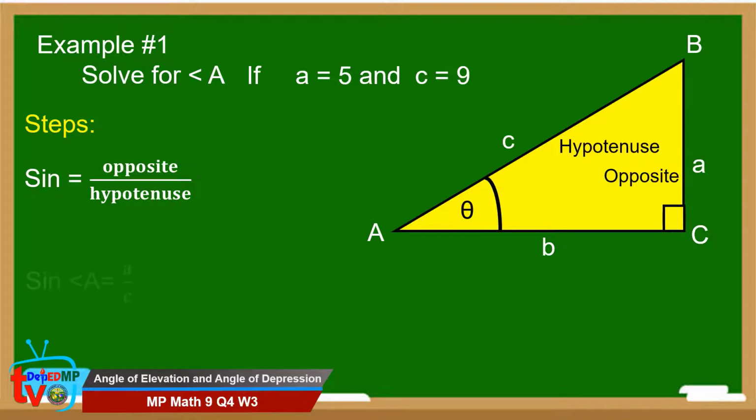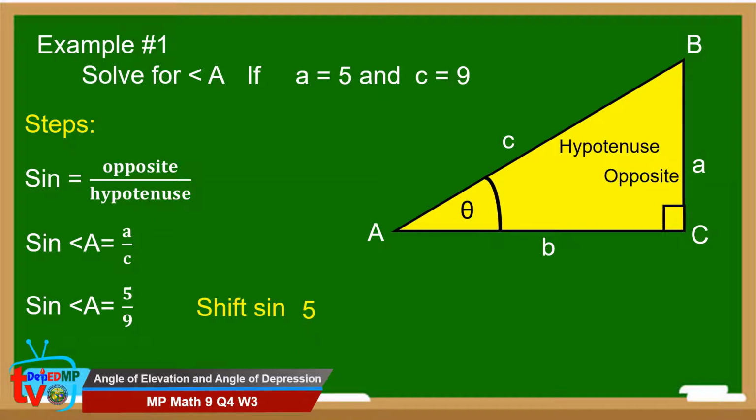Next, we will substitute the given angles and sides. After that, substitute the given measures to solve the unknown angle. In this part, we use our calculator. First, press Shift sine. Press 5.